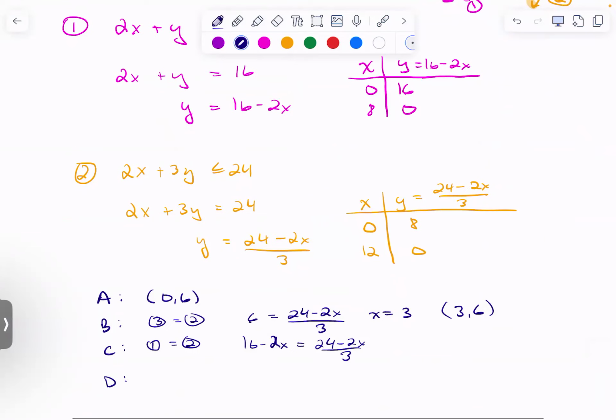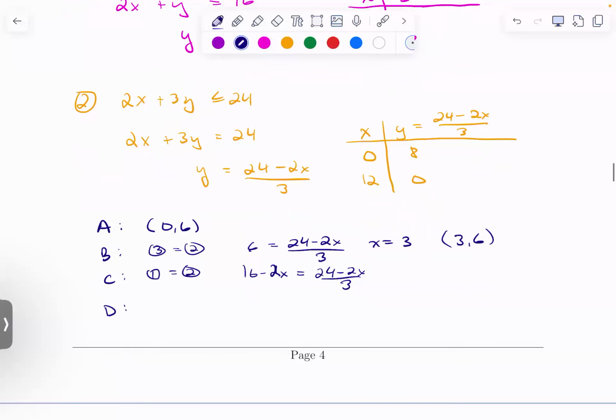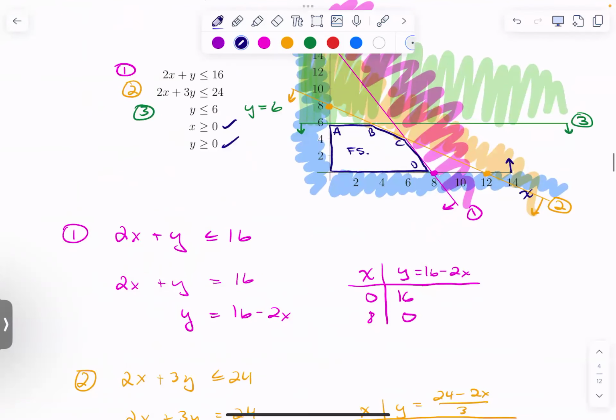Can rearrange this, and you can find that x equals 6, which means when x is 6, y is 16 minus 2 times 6, putting me at 4. And we already know that D is at 8, 0.